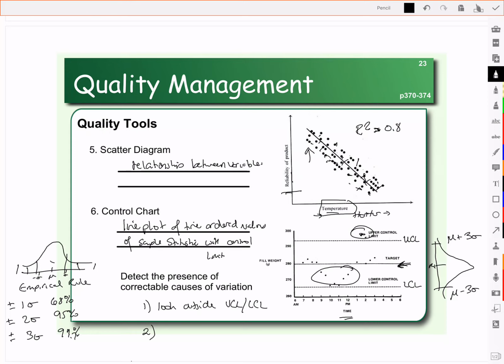Notice there's a period of time in which we are consistently underfilling the bottles. So do we have multiple points on one side of your target? That's telling you that for that period of time, so this is what, 8 a.m. to 1 p.m., we underfilled all the bottles of ketchup during that time.